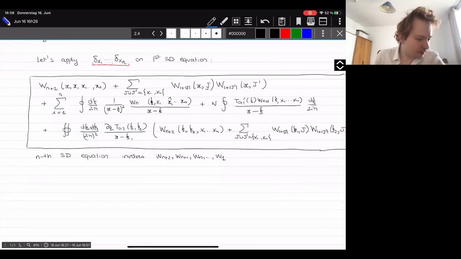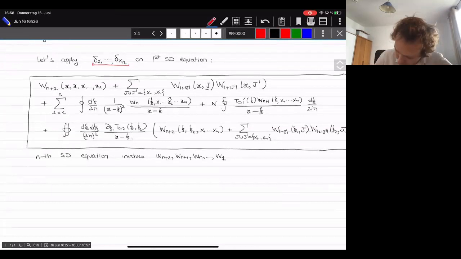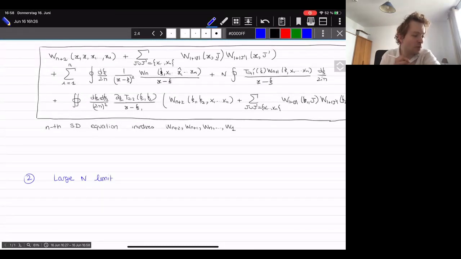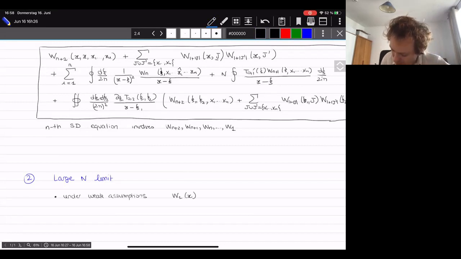So in order to go further with this, one has to study the large n limit. The first thing is that under weak assumptions, this W_1, so it's the expected value of a trace, a trace has order n terms, so you expect that when you divide by n, this has a limit.